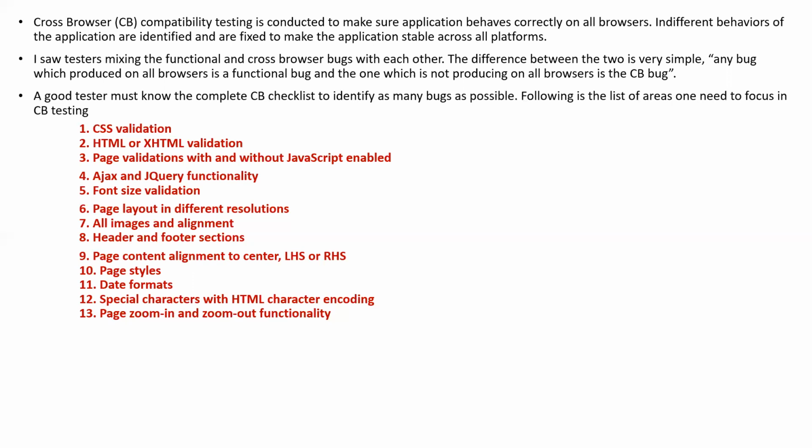These are the main areas. You have to look into all these aspects, like page zoom in and zoom out functionality. Alignment of controls is also important, like bullets, radio buttons, check boxes, since sometimes you use HTML controls. All these should be properly placed with proper positioning based on the resolutions.